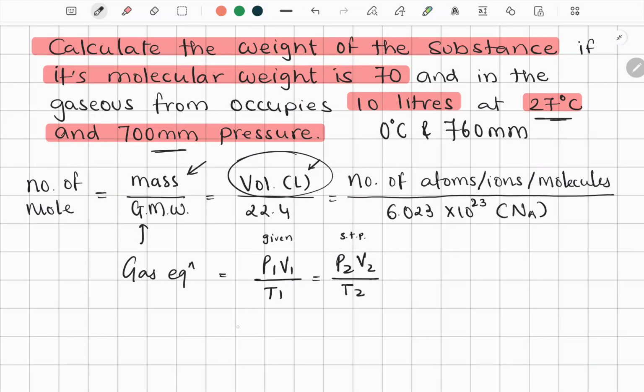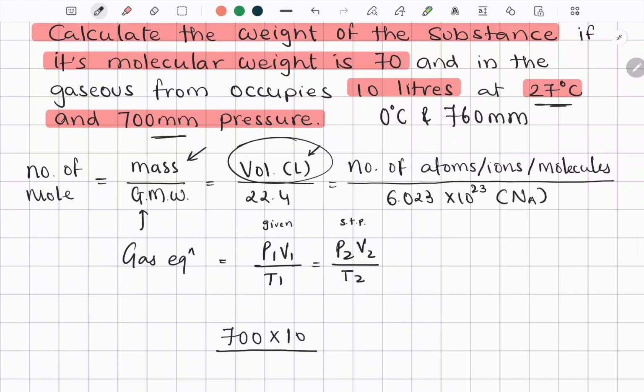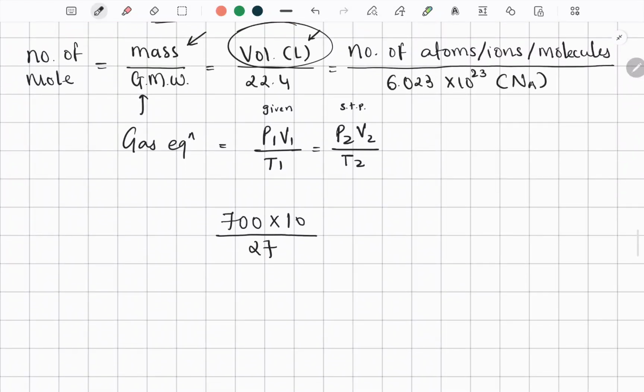Is the pressure at the given condition known? Yes, 700 millimeter. Is the volume given? Yes, 10 liters. Is the temperature given? Yes, 27 degrees Celsius. Are we going to use the 27 degrees? No, we cannot use degree Celsius in this type of question.